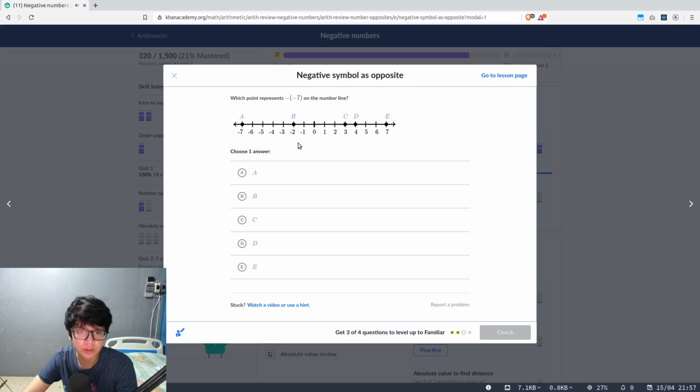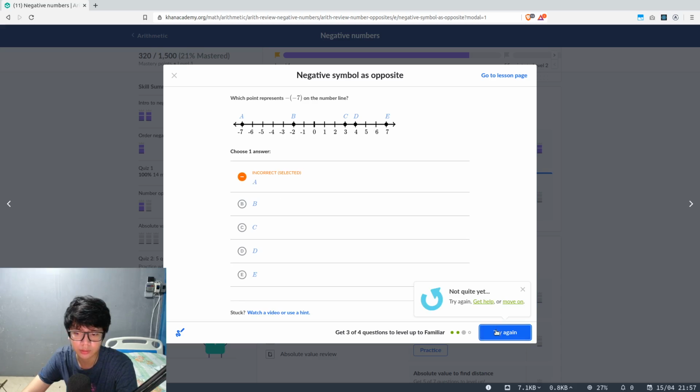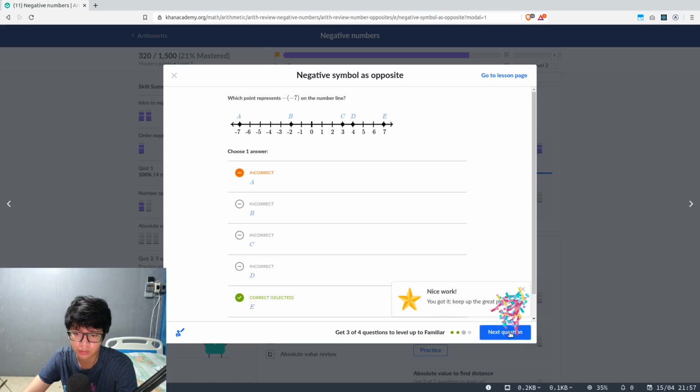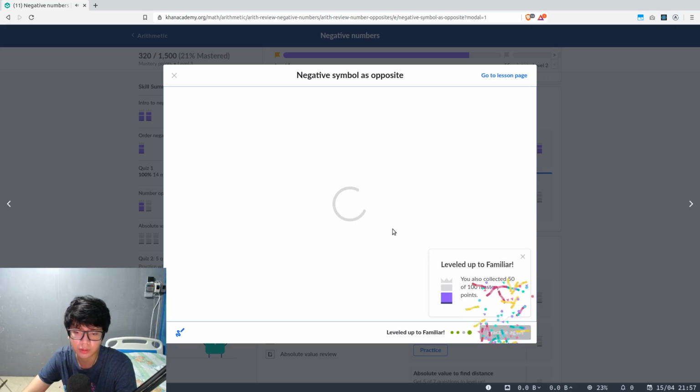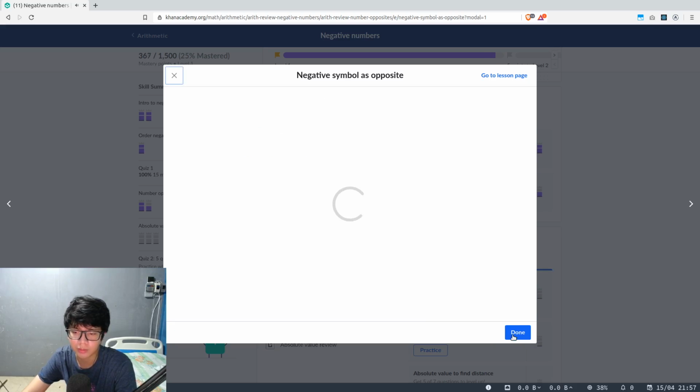Move the dot to negative A on the number line, and it's going to be still 5. Which point represents negative 7? It's A. Whoa, whoa. It's E. Negative symbol is opposite. So negative A, that's going to be positive still, right? I made a mistake.